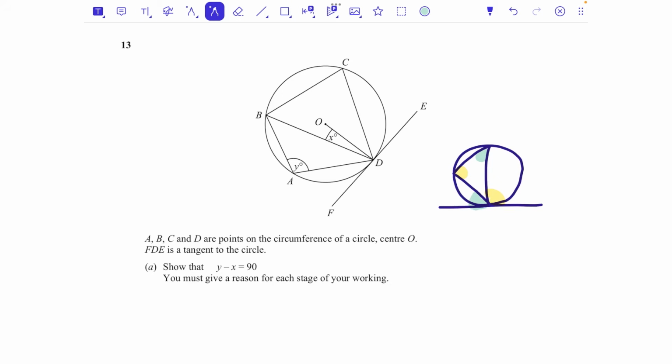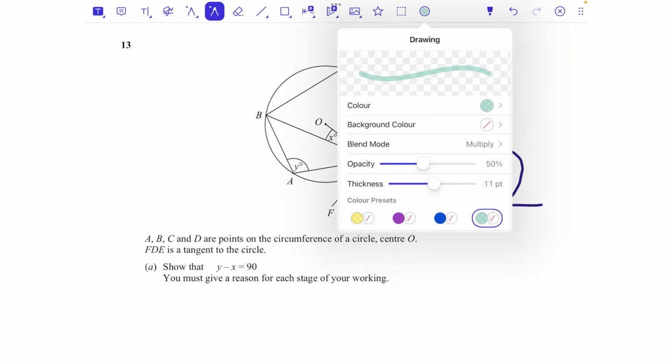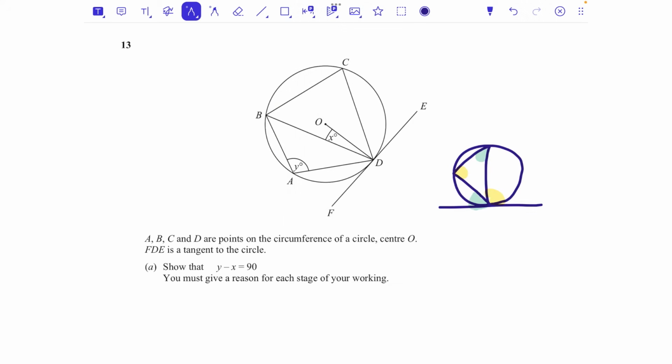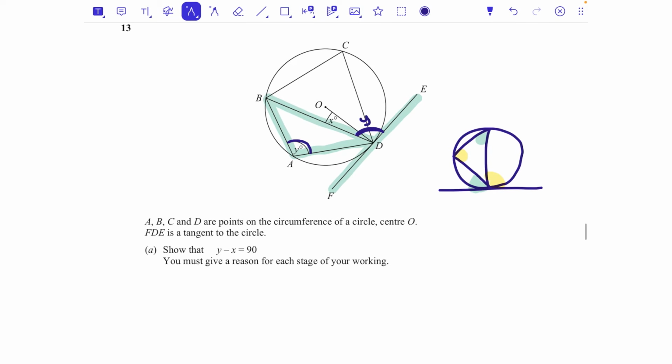And that's called the alternate segment theorem. So I therefore know that if, let's look at this triangle here, this triangle is on its tip, balanced on the tangent. So whatever this angle is here, all the way over to there, is going to be y, because I've got y up here as well, and that's using the alternate segment theorem.